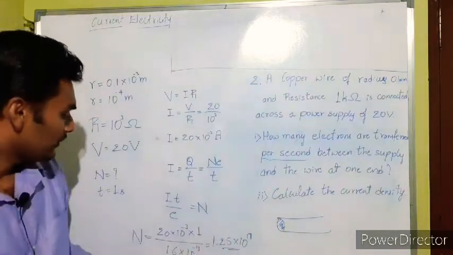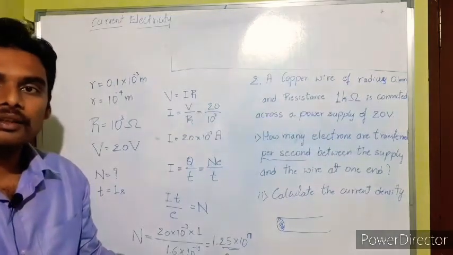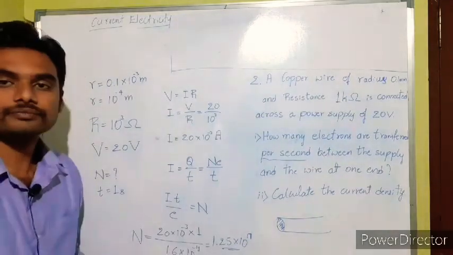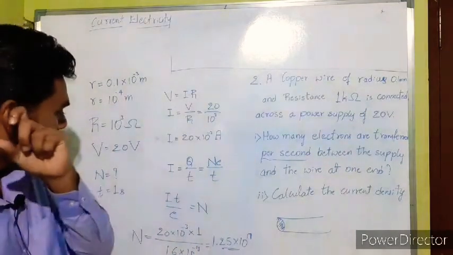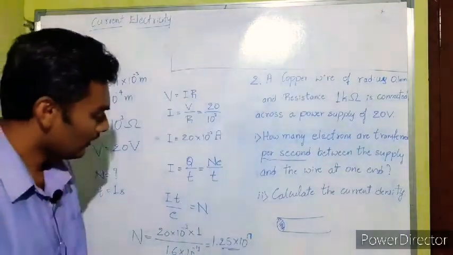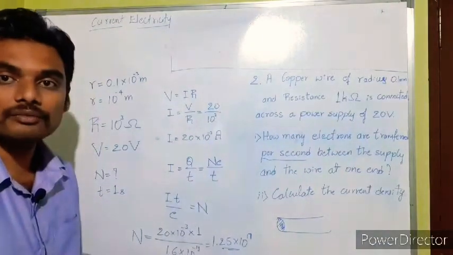This many electrons are transferred in 1 second. Okay, this many electrons totally. So this is an important result, the answer of first part of the question. Okay, now let us look into the second part of the question. This is 1.6 into 10 to the power of minus 19.